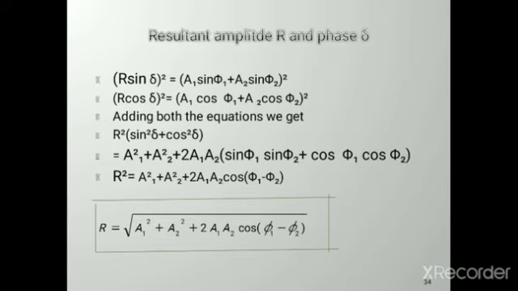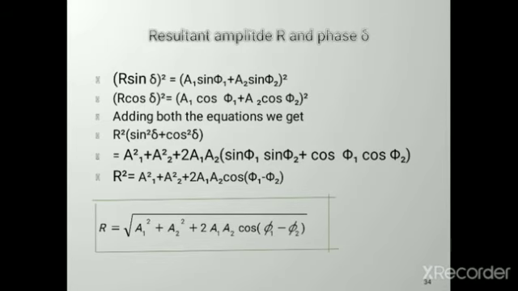The bracket in the above equation represents the formula of cos (A minus B). So the resultant amplitude is given by r equal to square root of A1 square plus A2 square plus 2 A1 A2 cos (phi 1 minus phi 2).